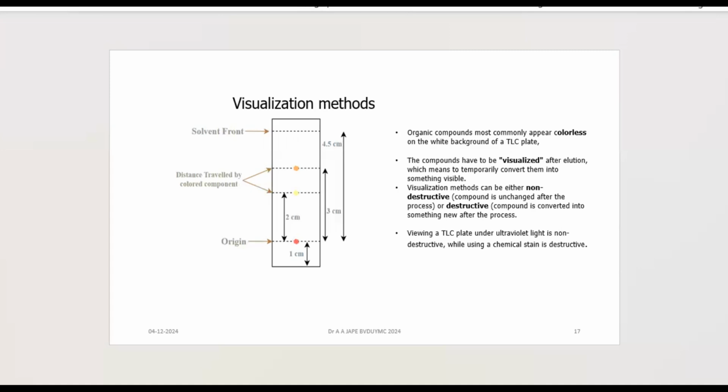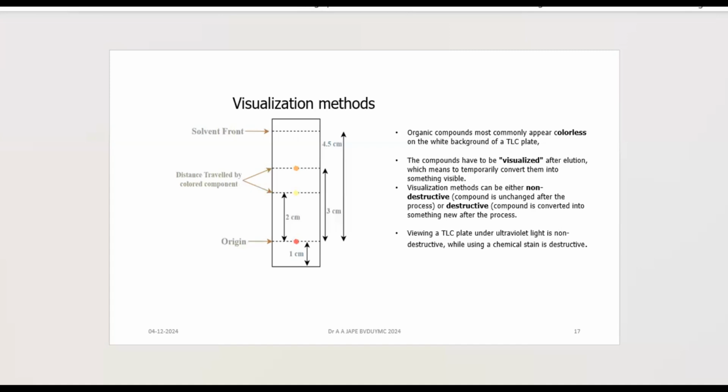So the mobile phase level in the chamber is very important, and generally a 1.5 centimeter depth of mobile phase is used. It is allowed to stand for at least 1 hour with the lid over the top of the tank to allow saturation, as we talked about.